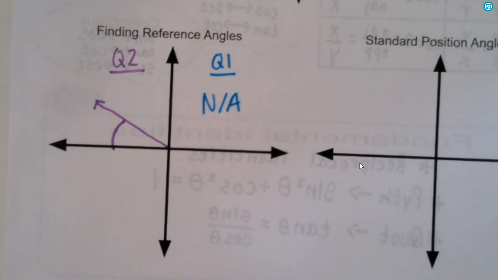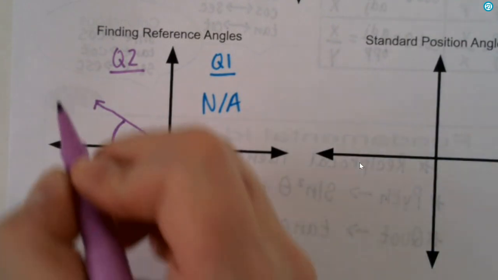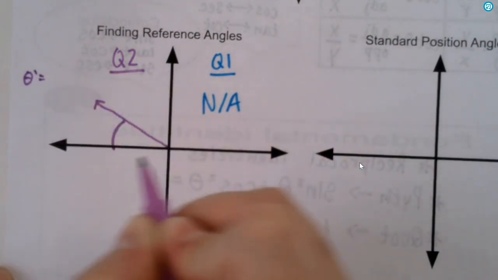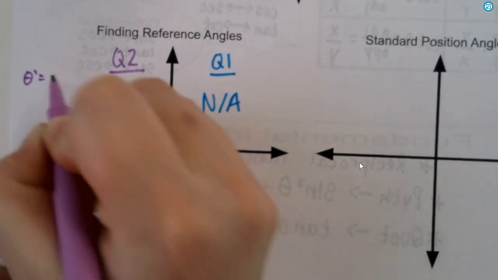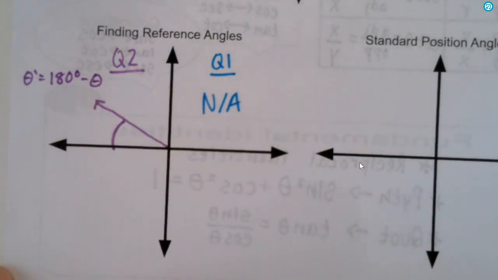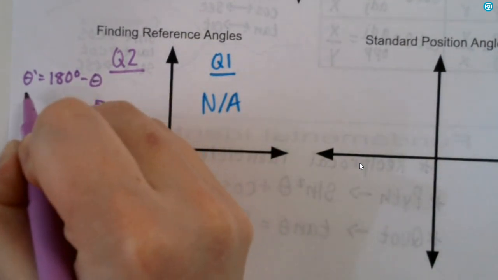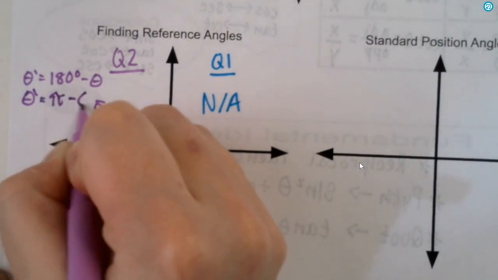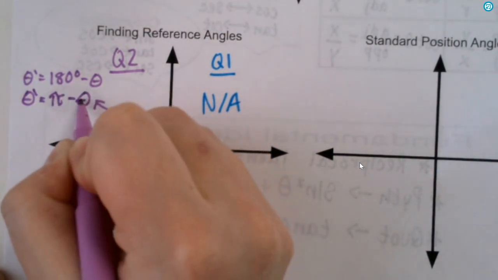Our reference angle will always be theta prime. So theta prime equals 180 minus theta if you're in degrees, or if you're in radians, theta prime equals pi minus theta.